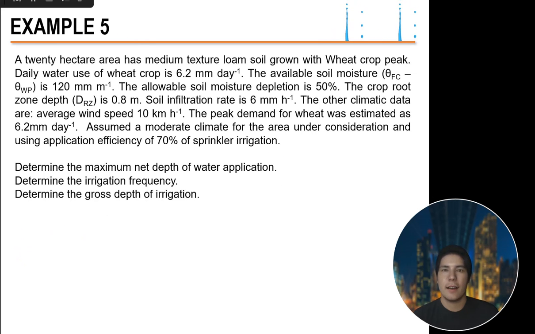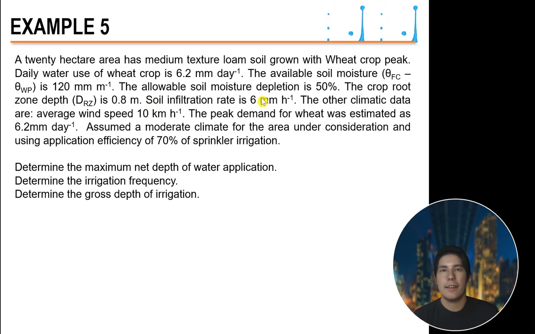Okay, so we have another example here. A 20 hectare area has a medium texture loam soil grown with wheat crop. The daily water use of the wheat crop is 6.2 millimeter per day, and the available soil moisture is 120 millimeter per meter, and the allowable soil moisture depletion is 50%, and the crop root zone is 0.8 meter.